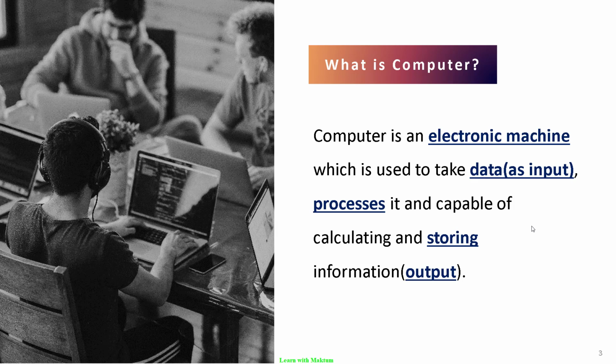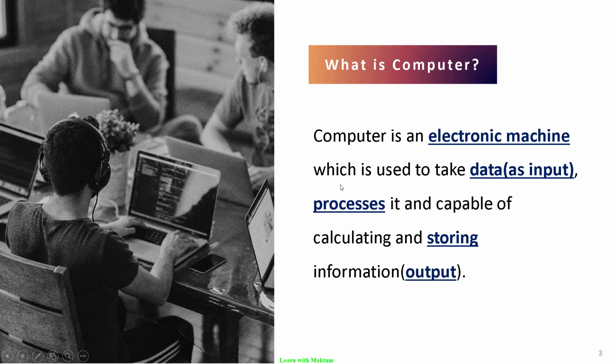We'll break it down. First, a computer is an electronic machine. What do you mean by electronic machine? The machine which runs on electricity. Yes, they need electricity to run. Those types of machines are called electronic machines. So a computer is an electronic machine, which means it needs electricity to run.